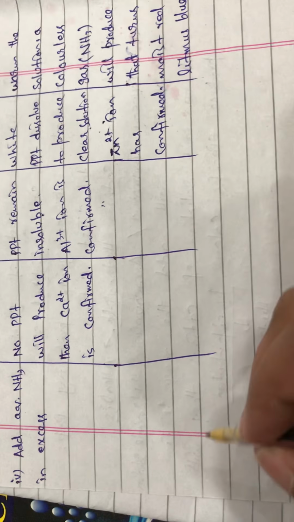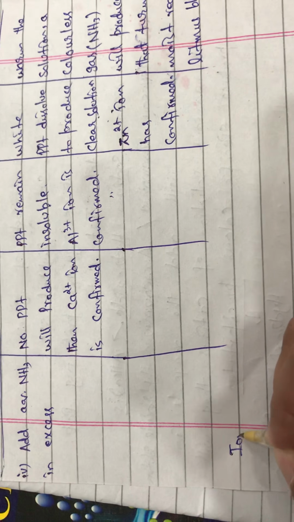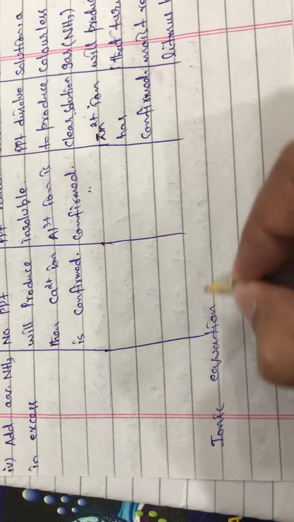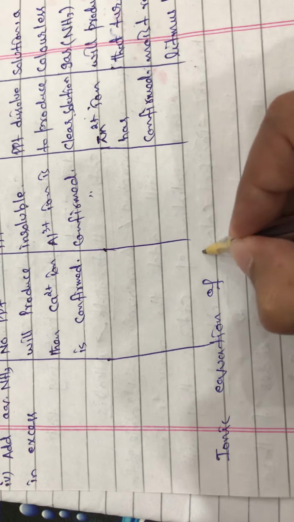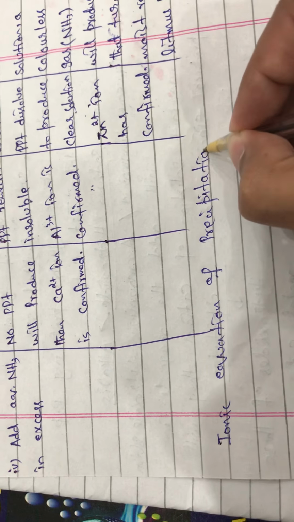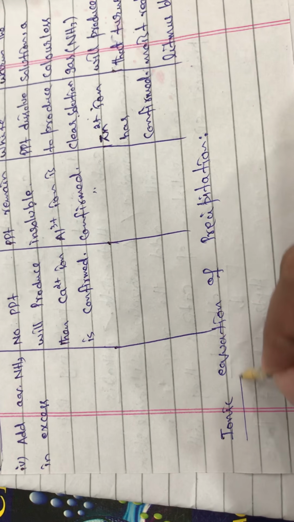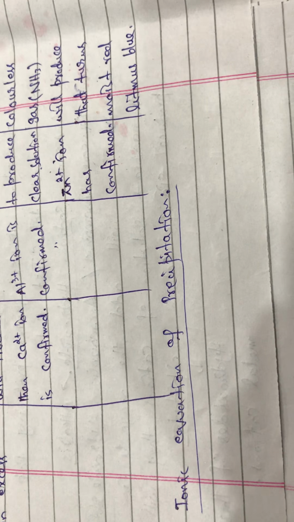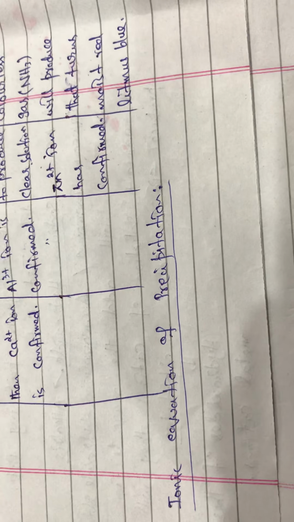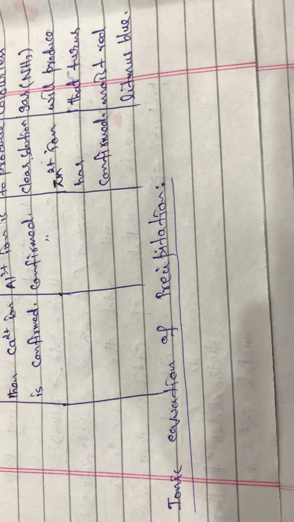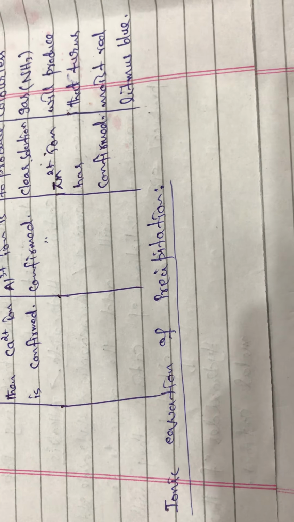Suppose for example I am writing the ionic equation of precipitation. There isn't any difficulty for you to write the ionic equation of precipitation, because in the formation of insoluble salts you are already familiar with how to write the ionic equations of these precipitates.